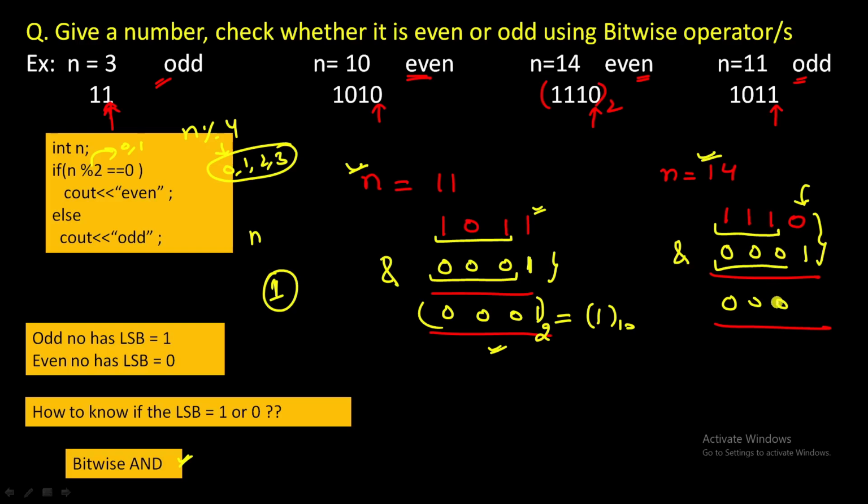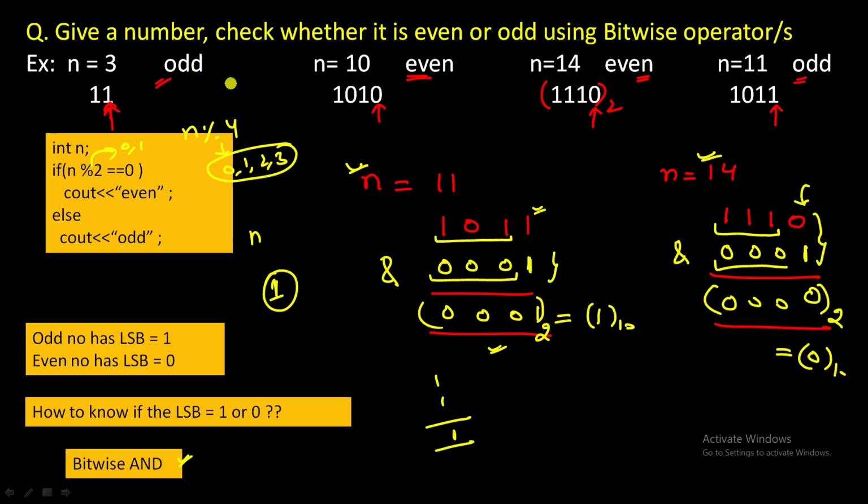Now if I apply 1 on this 0 with the bitwise AND, the resultant bit will be 0. I hope you know how bitwise AND works: we get 1 only when both the bits are 1, otherwise we get 0. So in decimal this is 0.